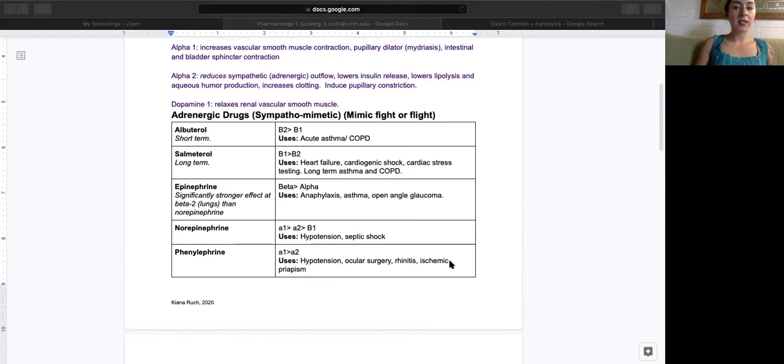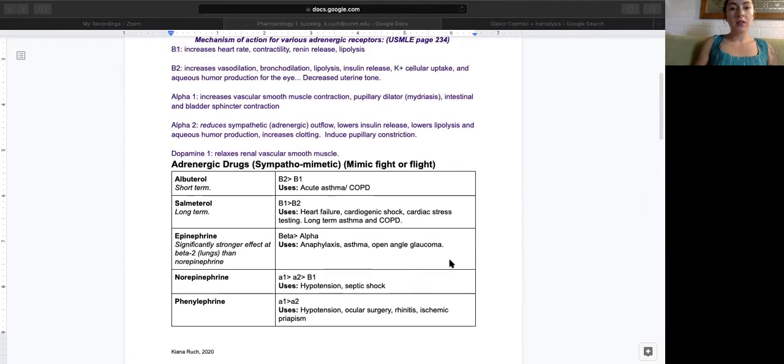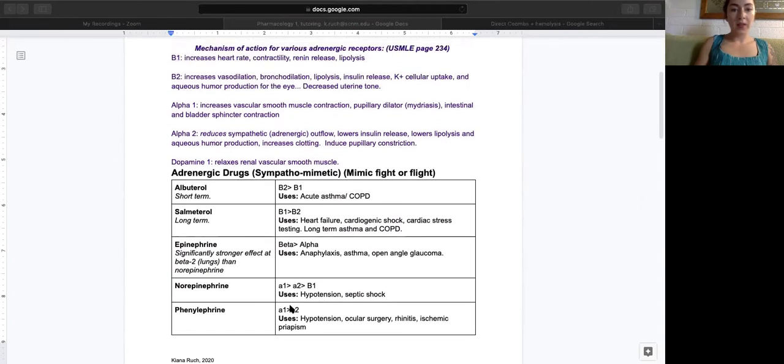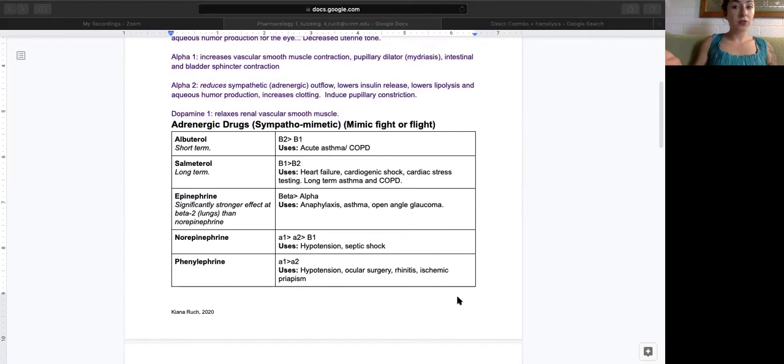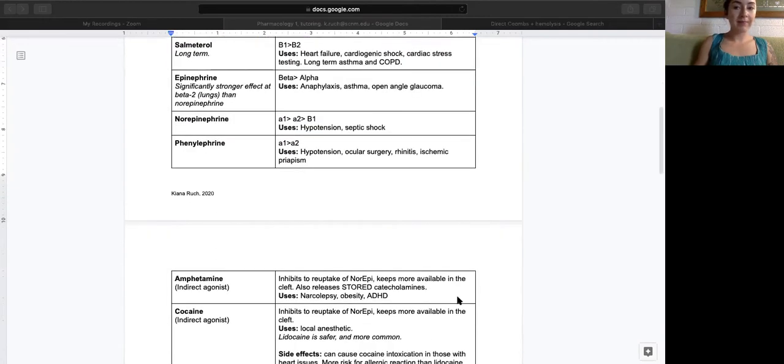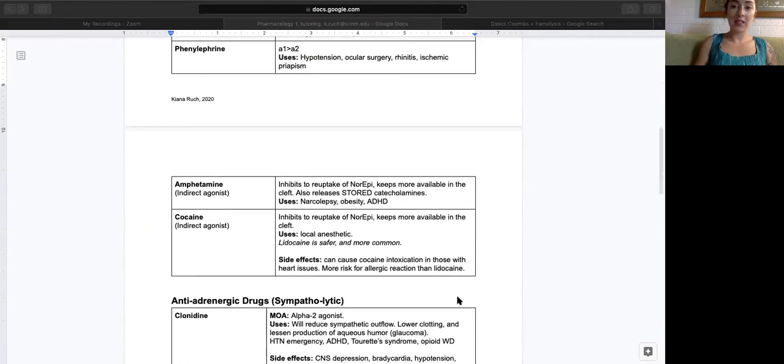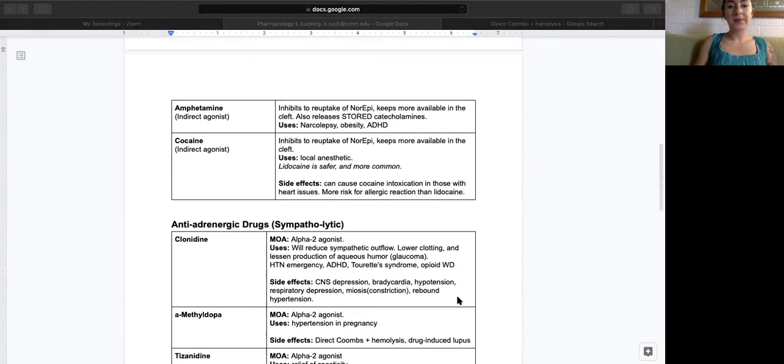So the blood supply is blocked and the erection can't drain. If we induced alpha-1, it would increase vascular smooth muscle contraction, hopefully help those veins that are causing that ischemia, help drain that issue causing the priapism, and hopefully end it, because that can be very painful.